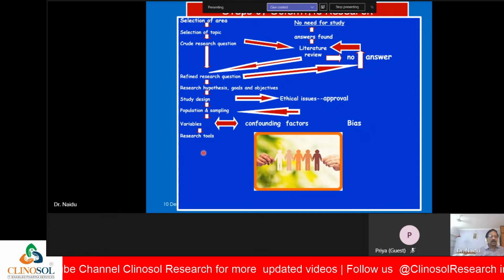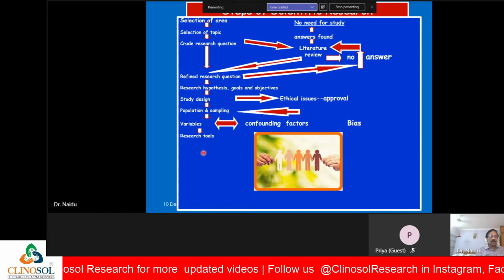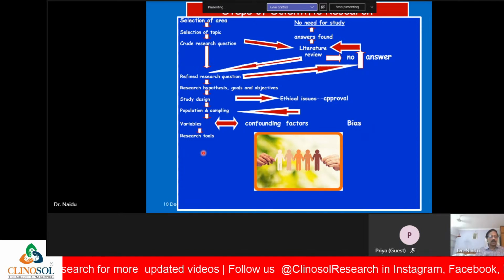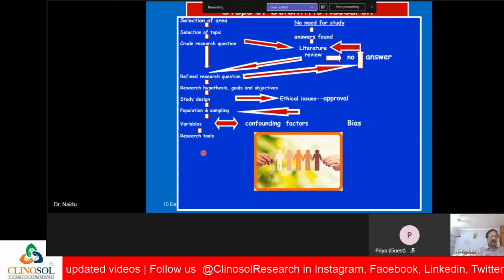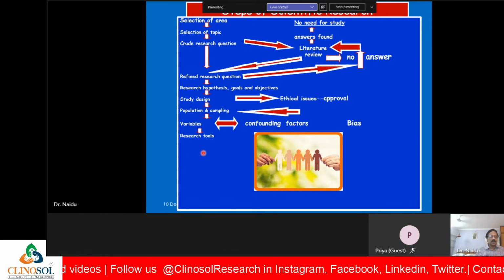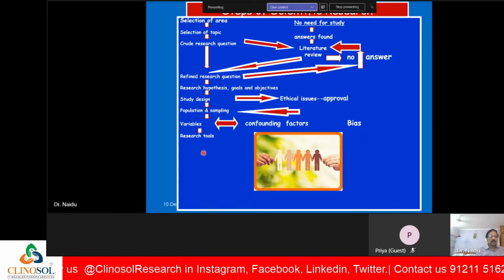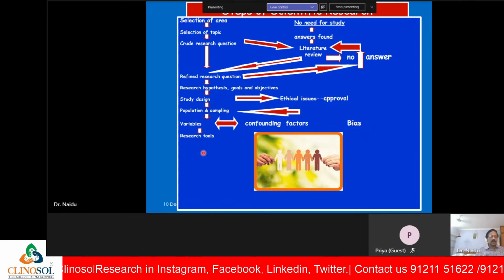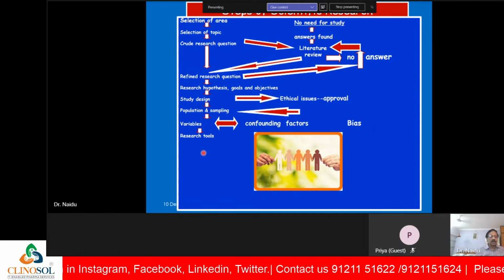Collect your data, whatever data you have prepared in the case record form, collect that data. Go for data management. Once all data is completed, the most important thing is interpretation, because only the correct interpretation will get you the correct answer. So after data management, go for interpretation.